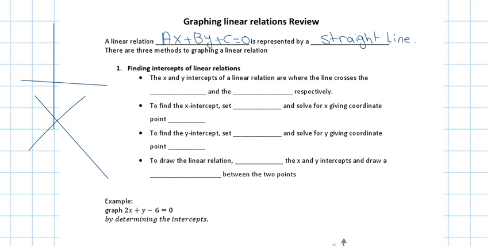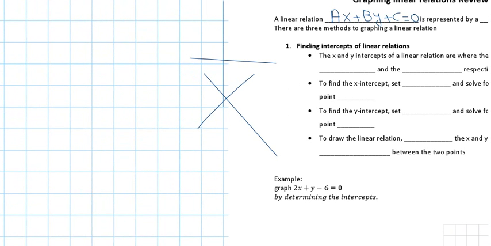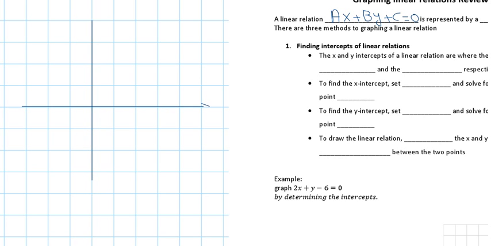Do you guys remember the Cartesian plane, which is the x and the y? If I have a line, technically, in order to draw a line, you need 2 points.